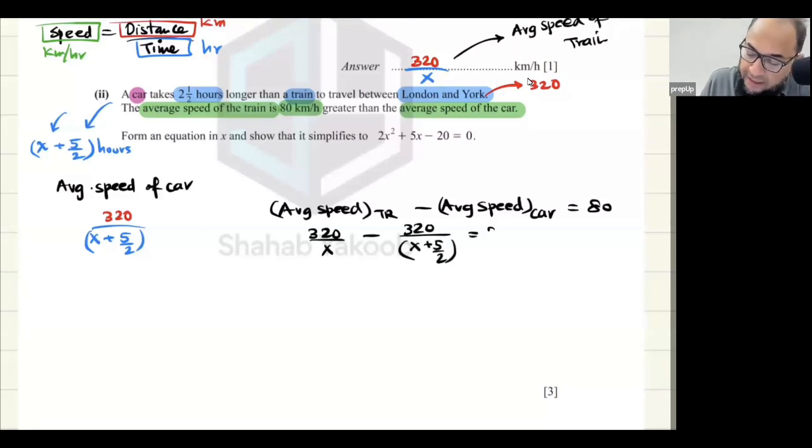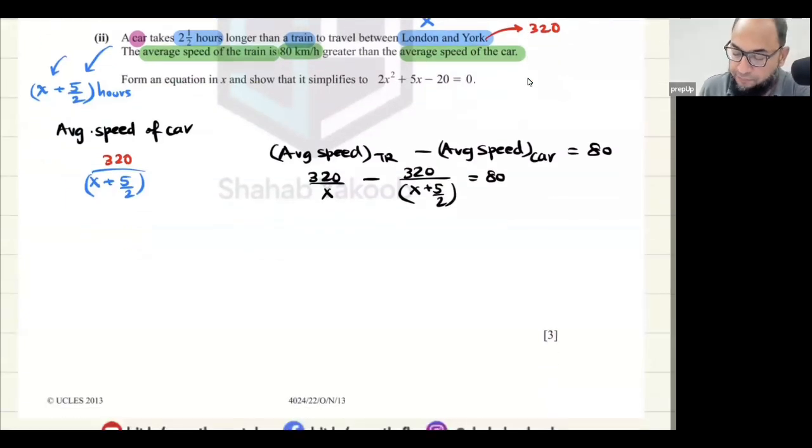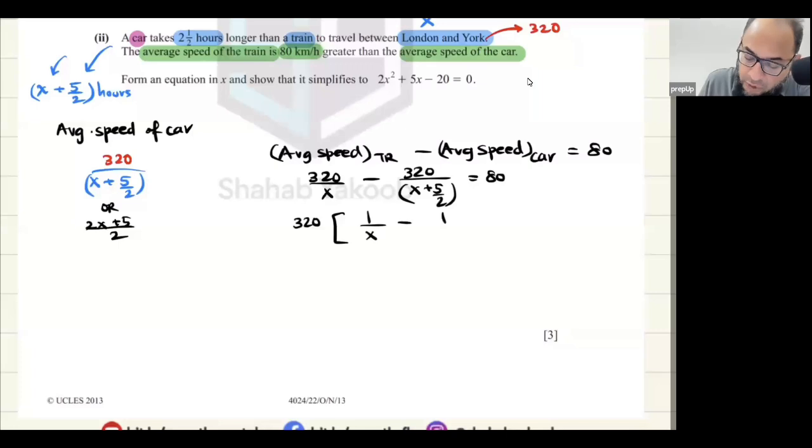This equals 80. Now it's about simplification. So now x plus 5 over 2, can I write this as 2x plus 5 divided by 2? The answer is yes. So let me write 320 common, 1 over x minus 1 over 2x plus 5 divided by 2, bracket closed, equals 80.